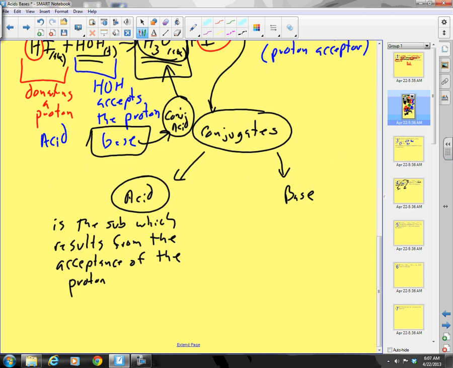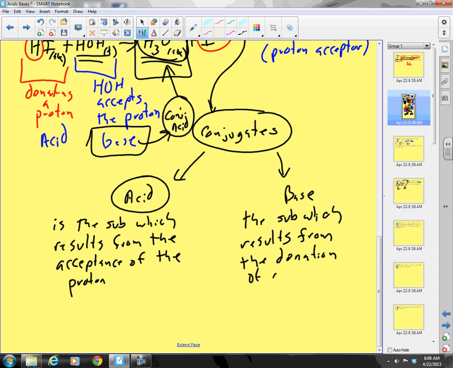Then what's my conjugate base? Well, it's going to be the substance which results from the donation of a proton. It's what's left over, what's left after the proton is donated.